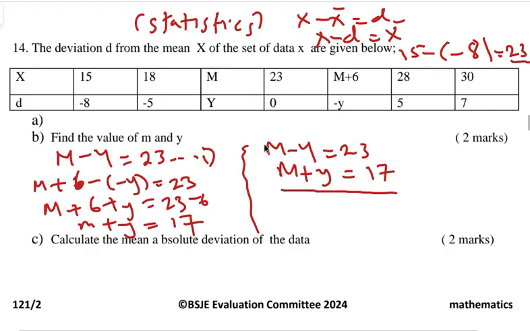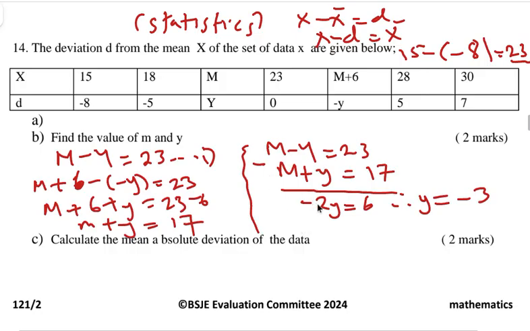So for you to eliminate m, ziko na same sign moja tu, m minus m ni 0, na negative y minus positive y itakuwa ni minus 2y equal to what? 6. Sawa, kidivide na negative 2, y yangu yafaa inipe ngapi? Negative 3.